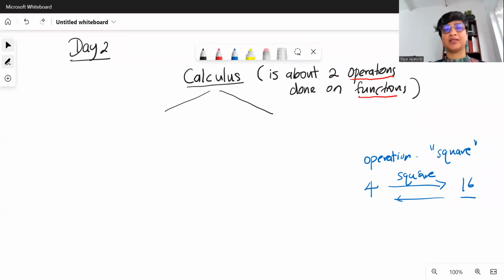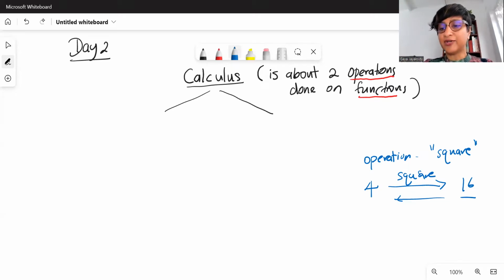Squaring in English is power 2. You can take power 3, power 4, the cube. You take the cube of a number. So I'm only talking about squaring. If you square, then its inverse operation is square rooting.